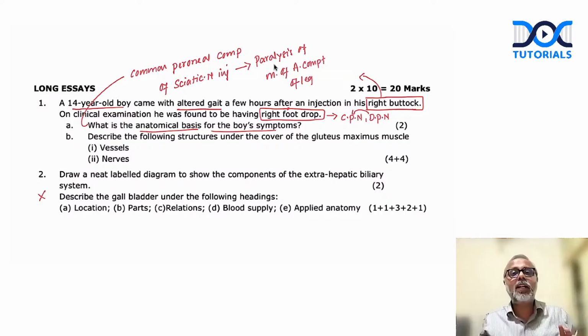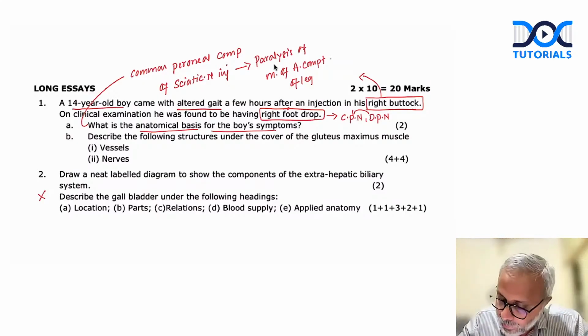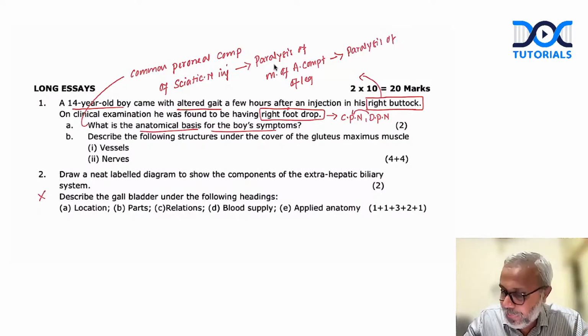Not just the anterior compartment, this also can lead to the paralysis of lateral compartment of the leg. And this results in paralysis of dorsiflexors of the foot. And this has resulted in foot drop.